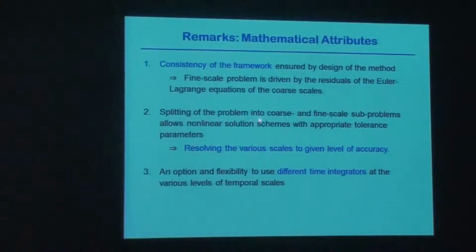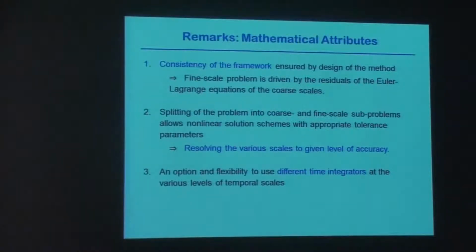And the splitting of the problem into coarse and fine scale subproblems also allows us nonlinear solution schemes with appropriate tolerance parameters. And this is also an important thing, because when we solve a nonlinear problem and we lump everything together in one solve, both coarse scales and fine scales, nonlinear equations are solved. We get out of the loop once the residual check is satisfied, and the residual check is a function of an epsilon parameter. While we feel that we have got the solution to the problem, the fine scales, if they are of the order of epsilon, because they're fine, so they're much smaller than your main scales, the entire fine scales could be hidden behind the epsilon.